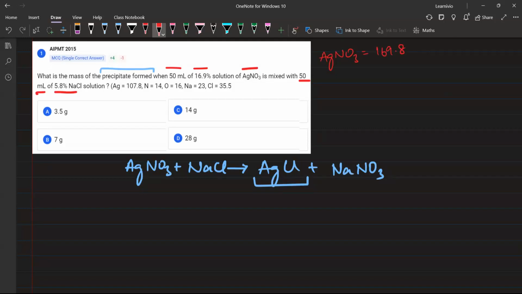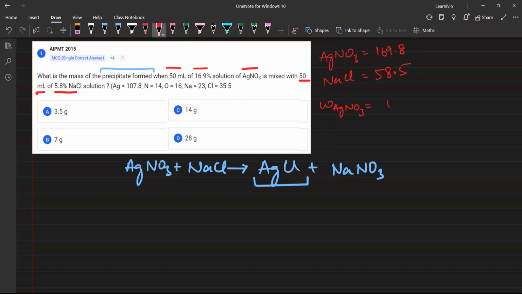Then we have NaCl. NaCl will be 23 plus 35.5, that will give you 58.5. These are the molar masses of AgNO3 and NaCl. Now, what is the mass of AgNO3 that we are having?